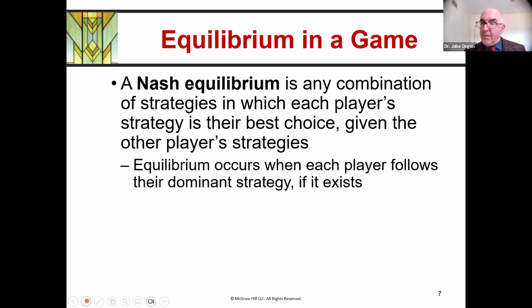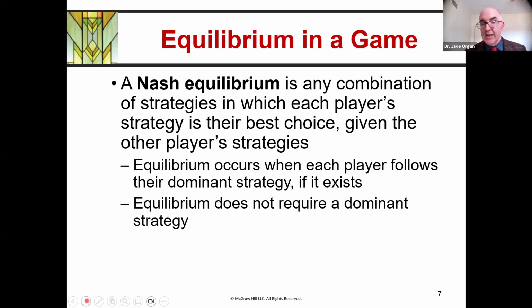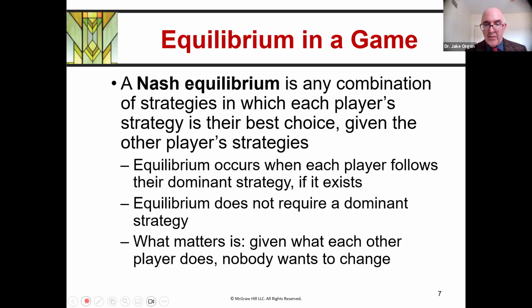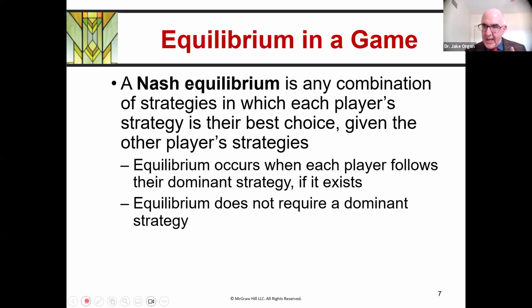And the equilibrium occurs when each player follows their dominant strategy if it exists. But you don't necessarily require a dominant strategy. But we'll talk about that on Thursday, don't worry. What matters is, given what each other player does, nobody wants to change.